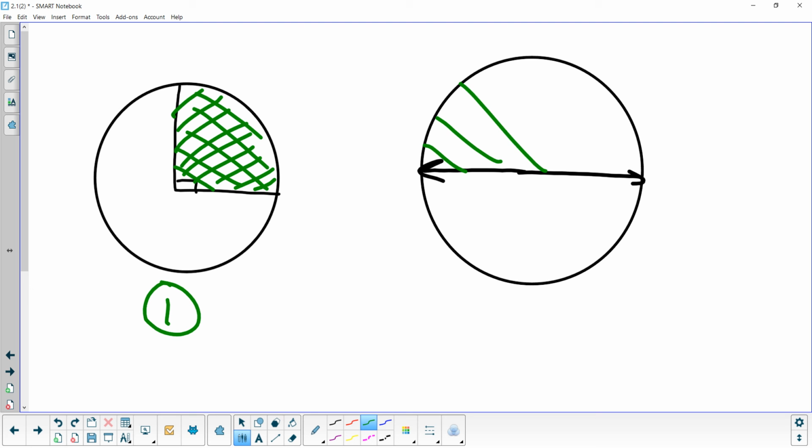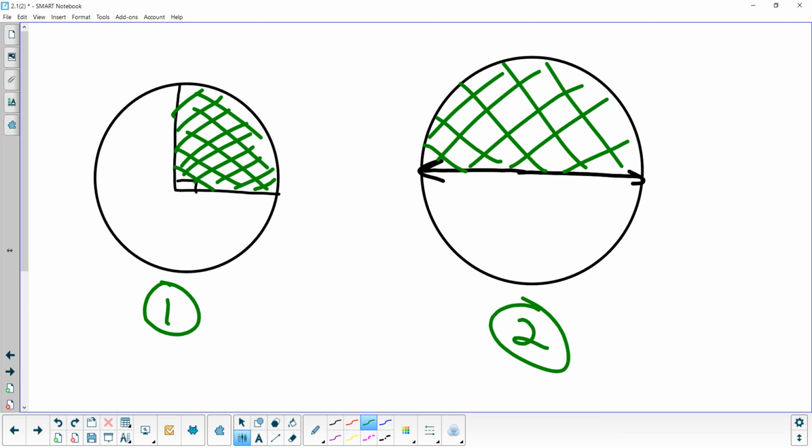All right, so now I'm going to do the same thing, just looking at a different example. How big is the angle in picture 2? Don? 180. And how much of the circle is shaded in? Half. So I had a 90 degree angle, and I have a 180 degree angle. Notice what happened.